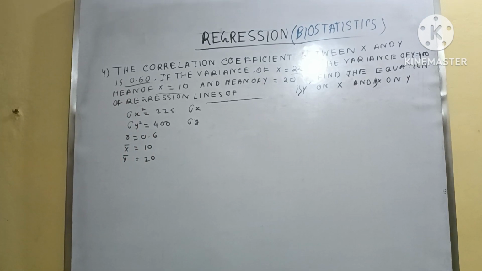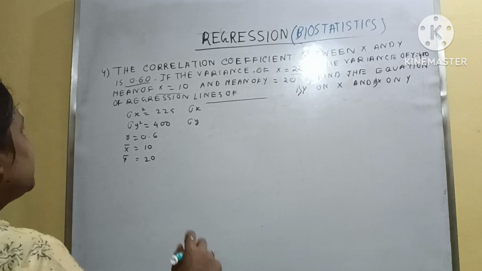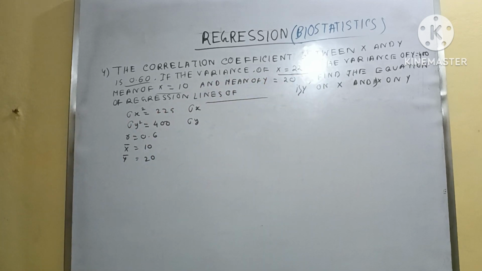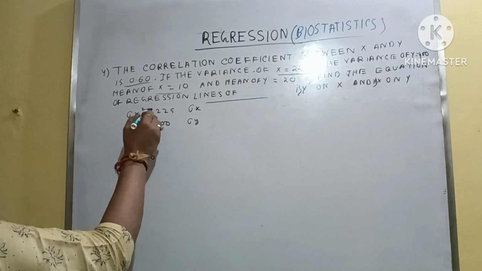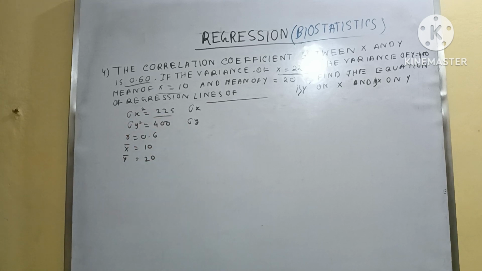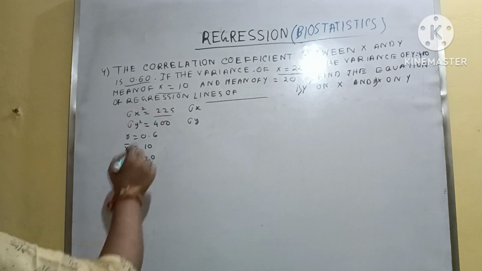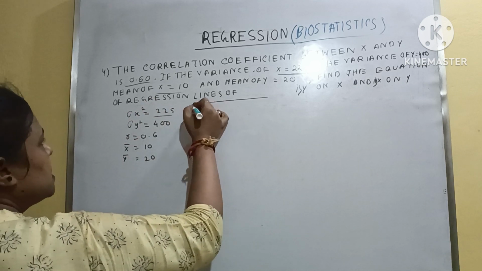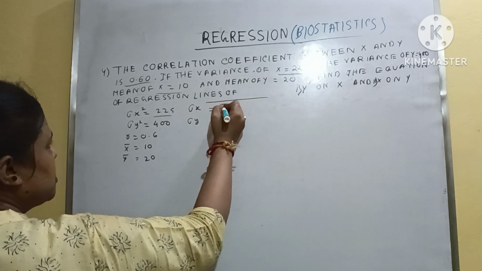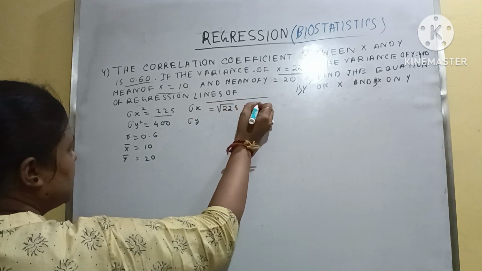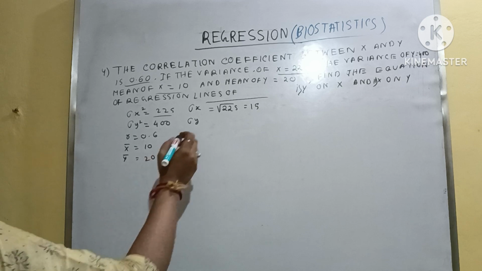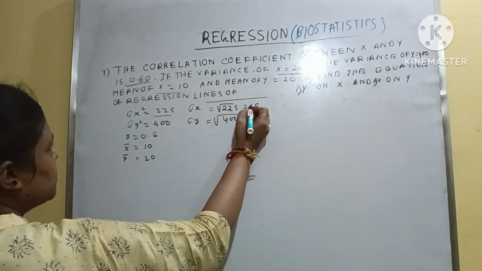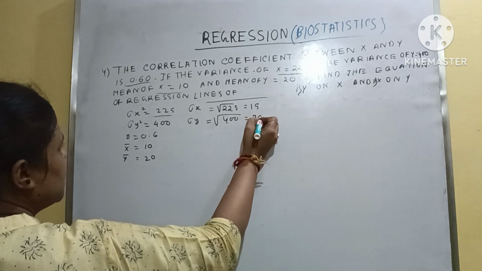So what do we see here? First of all, the variance of x, that means sigma x square, is 225. So by square root we easily get sigma x, that is 225 is 15, and sigma y, 400, equals 20.